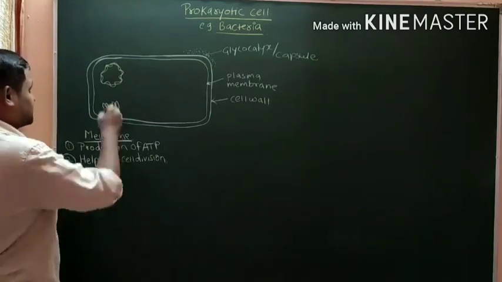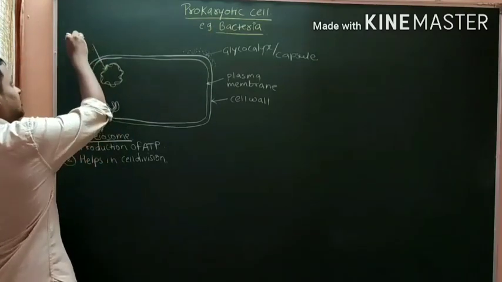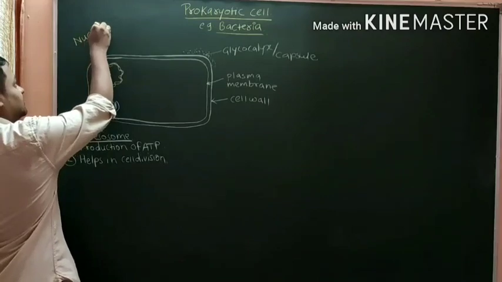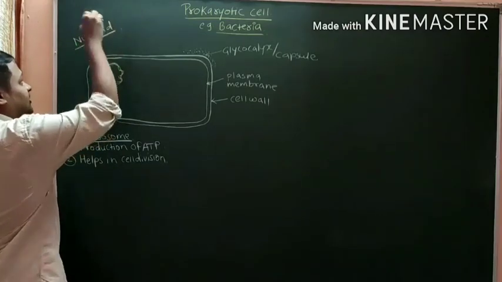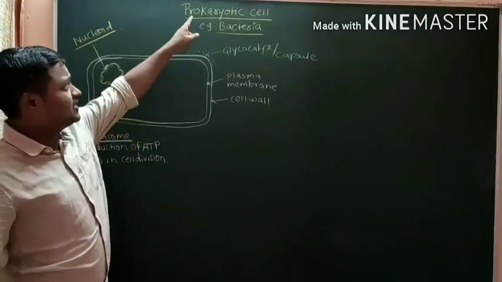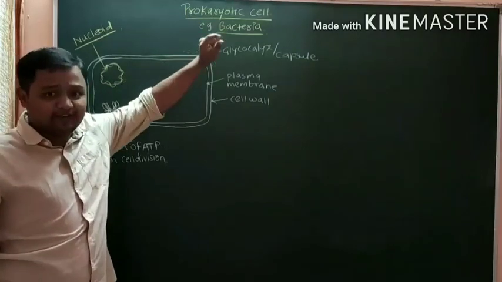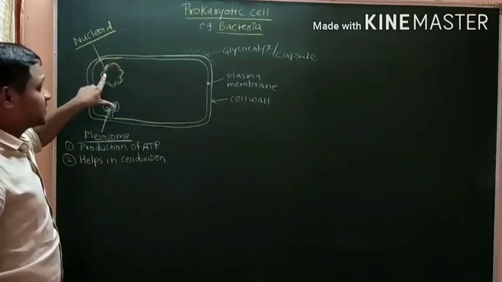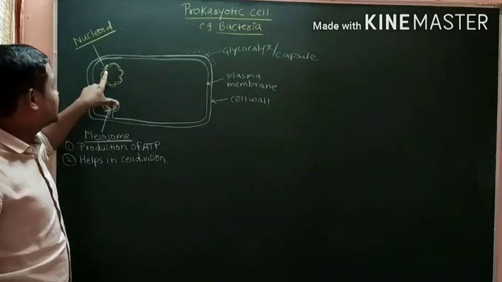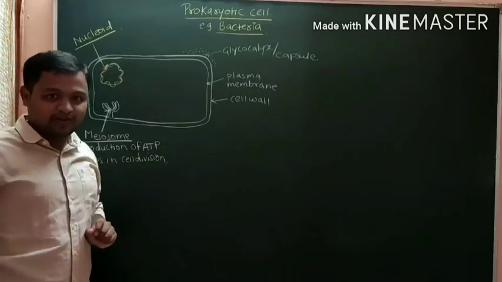So this structure is known as nucleoid. As per the definition of prokaryotic cell, pro means primitive, karyon means nucleus. Here a primitive type of nucleus is present, so it is called nucleoid.